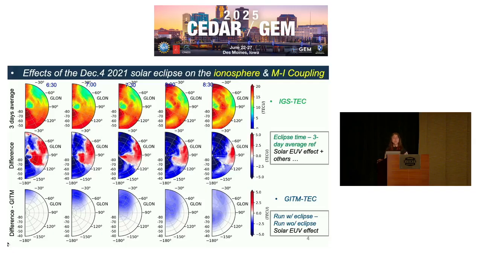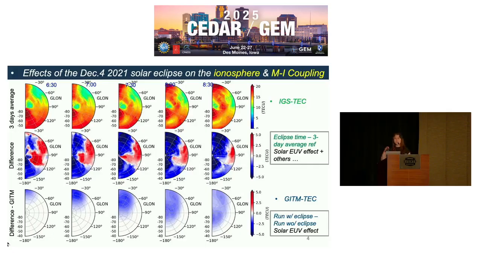And first, let's look at the Gitm standalone simulation, only including the solar irradiation reduction. So the top panel basically shows the IGS TEC observation, and the middle panel shows the difference field.